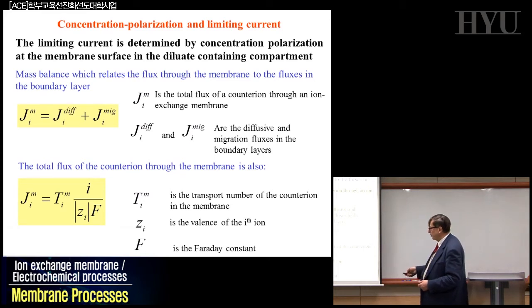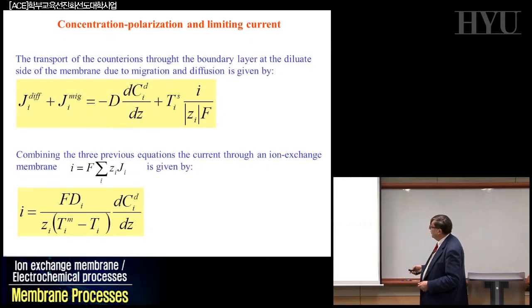So this is the relationship that we have to consider. Now, what can happen in your system is that the migration and diffusion are given by the Fick's law expression, and by the electrical flux transport number, which is current divided by the Faraday and the charge.